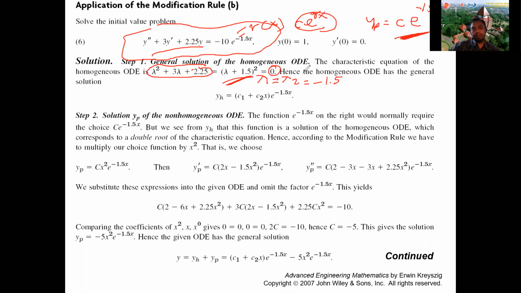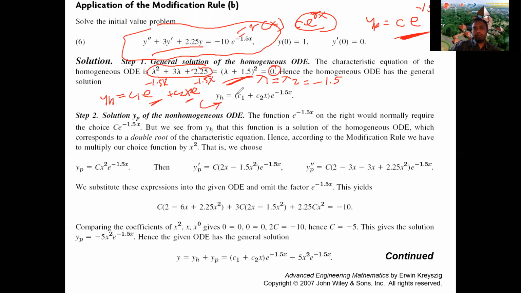Then yh is a linear combination of the solutions: yh equal to C1 e to the power of minus 1.5x plus C2 e to the power of minus 1.5x. But since it's already used, you put another x over here, so it will become this.